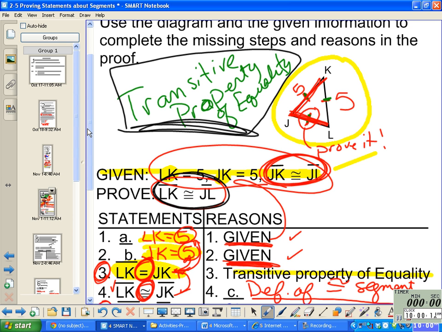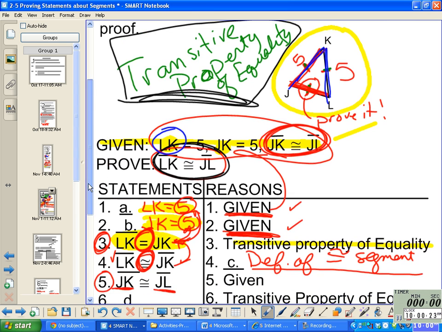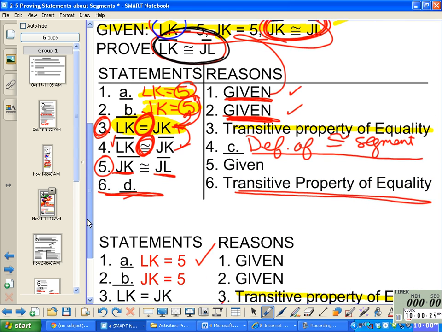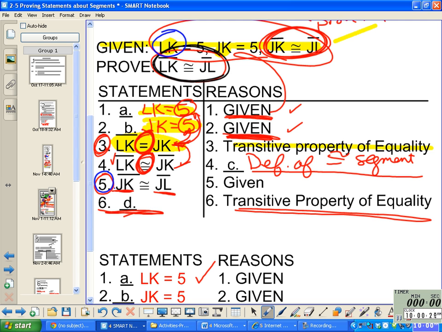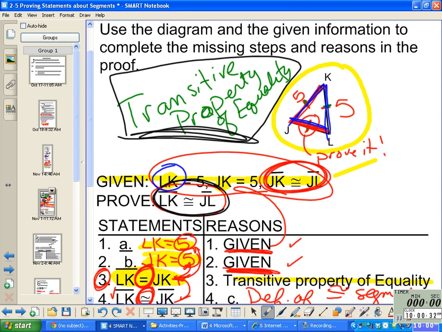So the first thing I said was, let me use a different color. I said that LK is 5, JK is 5, and now on this last statement here, or fifth statement, I said that JK is congruent to JL.